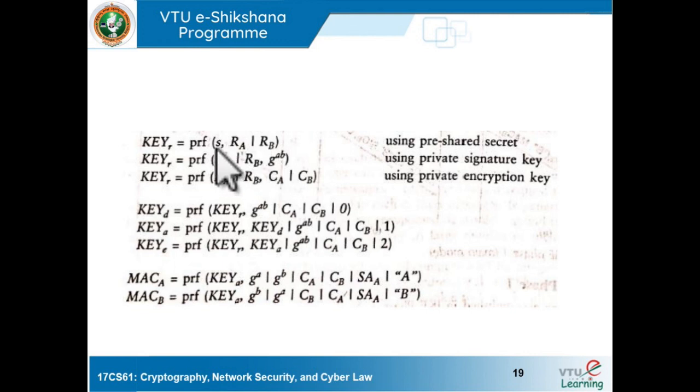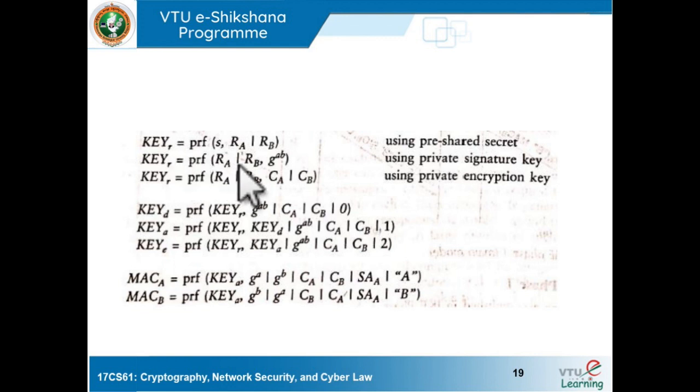S is a pre-shared secret between the communicating parties A and B. RA is the random nonce generated by A and RB is the random nonce generated by B. Now a key which is used as a root key in case of option 1 of using a pre-shared secret, this is the way the root key is calculated.